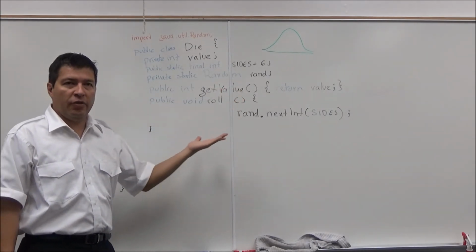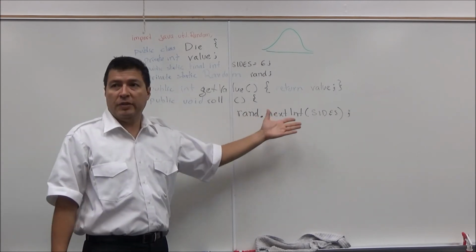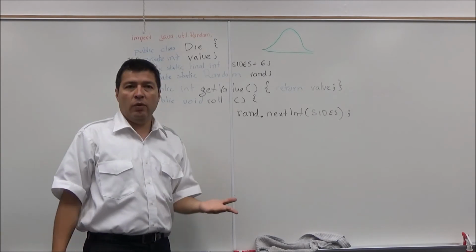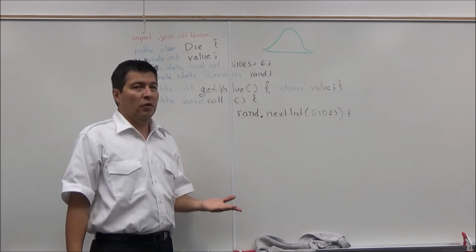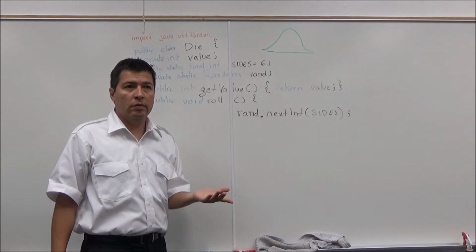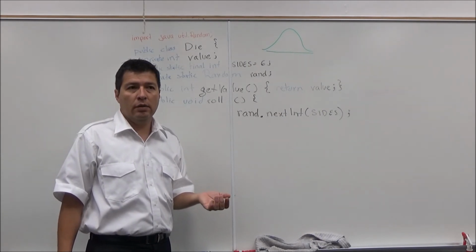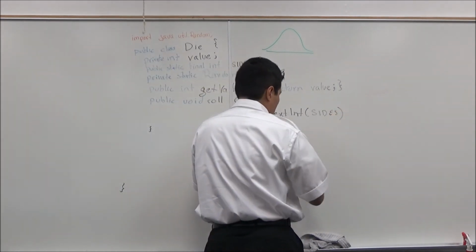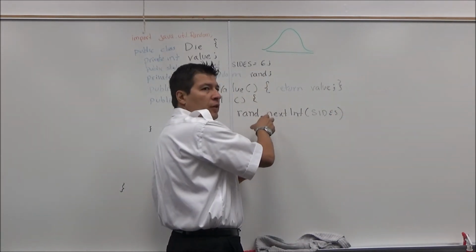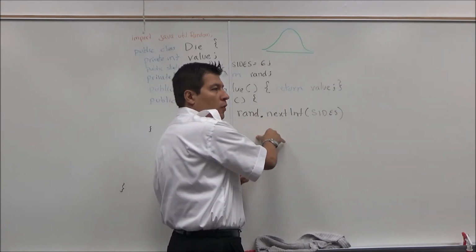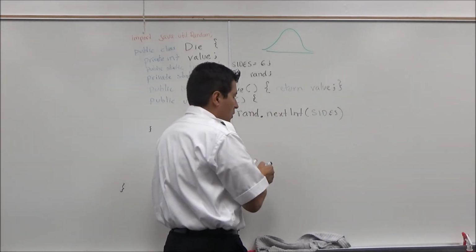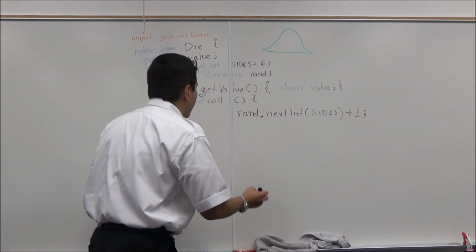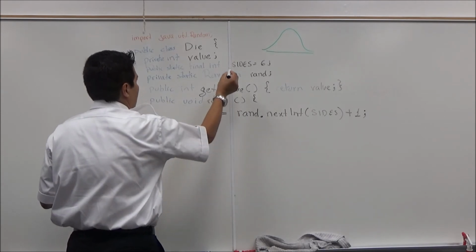Like when we did 30 modular division 6, our remainder was 0. Does the die have a 0 value? So how do you fix that? Just add 1, right? Because the way it is, it's going to return any number from 0 to 5 inclusive, or 0 to 6 exclusive. So if I want to make it 1 to 6, I just add 1, right? And that's the value, right?